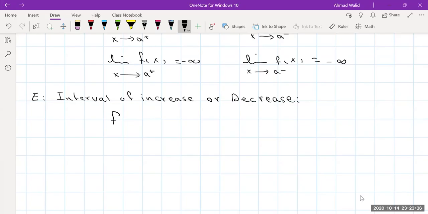You have to first find f prime x, right? Your critical numbers, right? If f prime x is greater than 0 in an interval, your function is increasing. And if f prime x is less than 0, your function is actually decreasing, right? But first you have to find the critical numbers, correct?